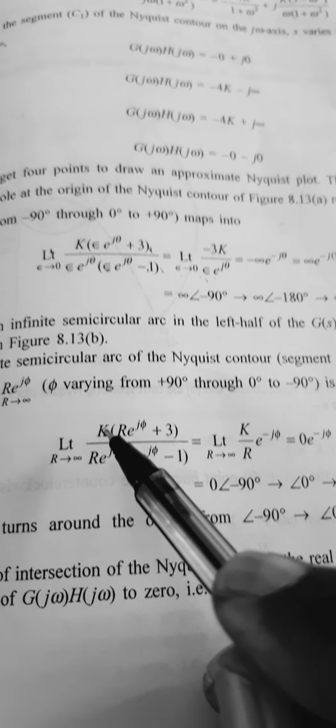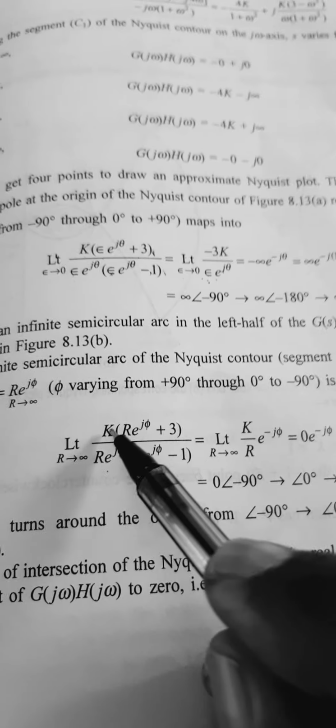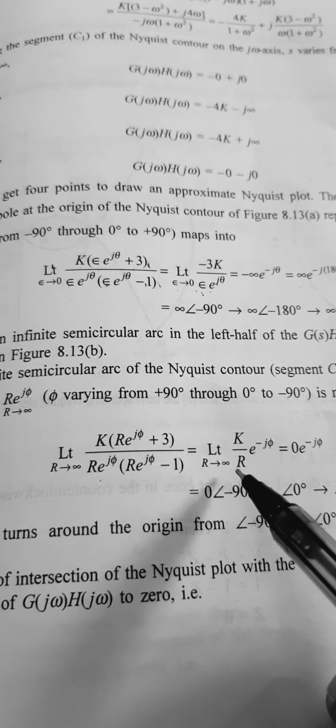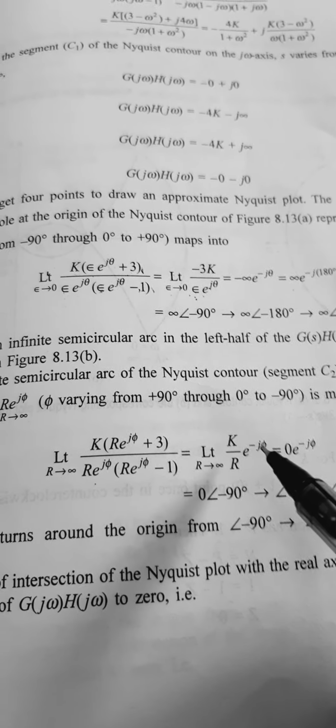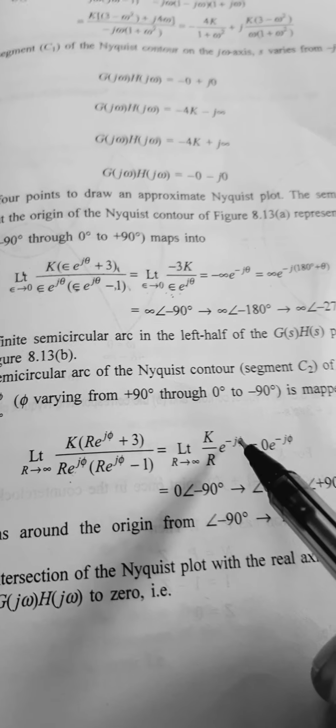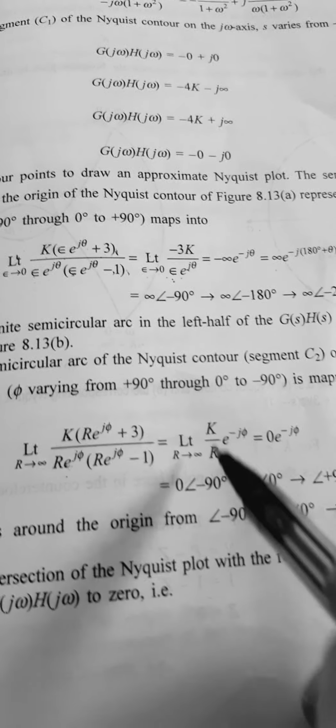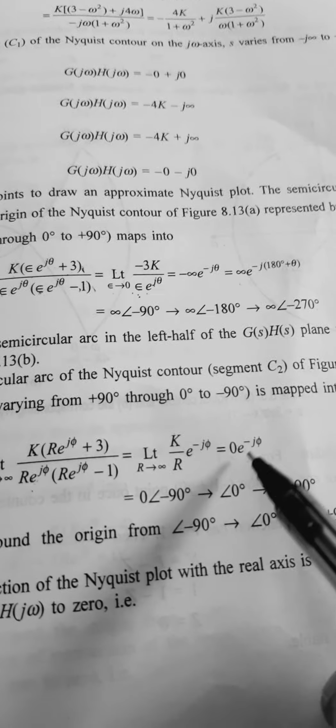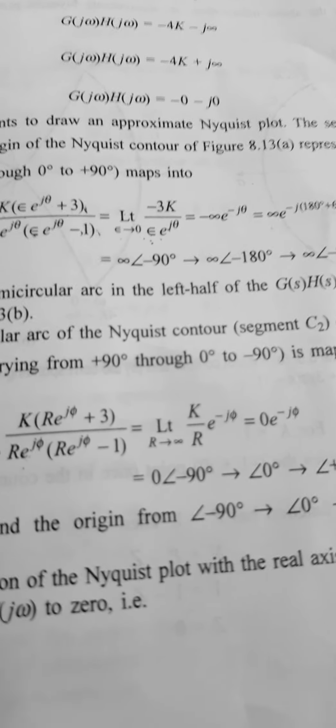Only this and this will remain: k divided by R into e to the power of minus j phi. K by R, again R tending to infinity, so some term divided by infinity is 0, into e to the power of j phi. So the value is 0, and we need not worry about it.